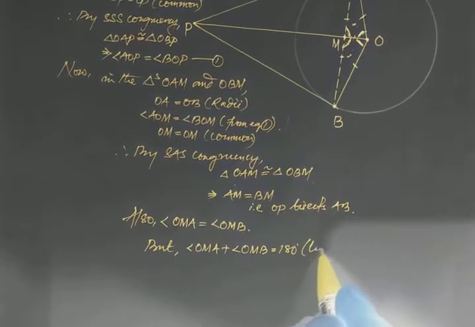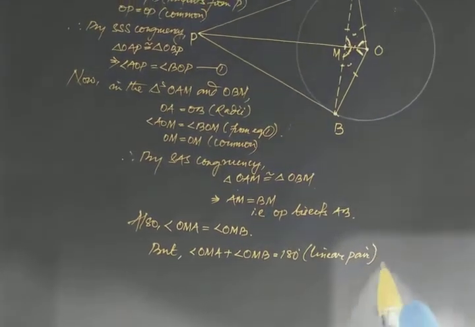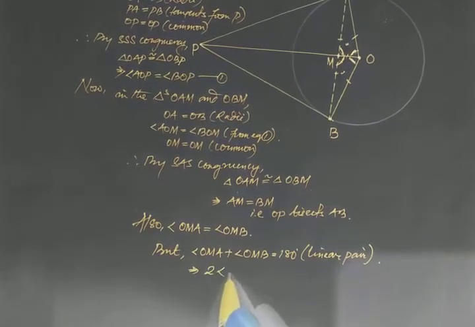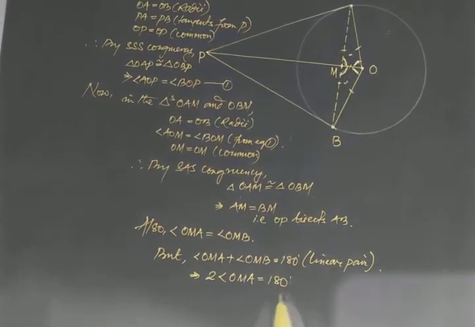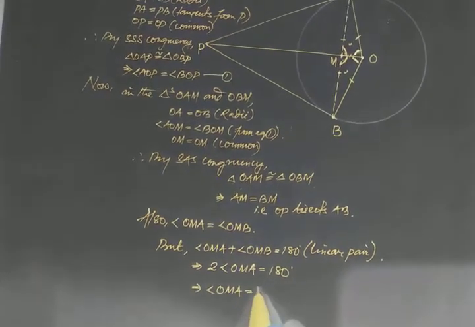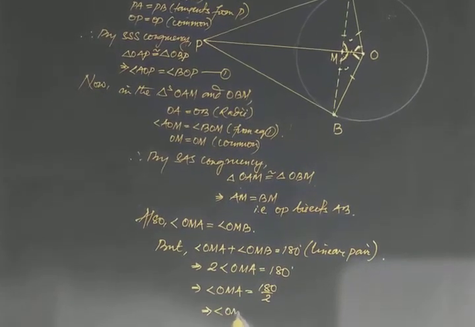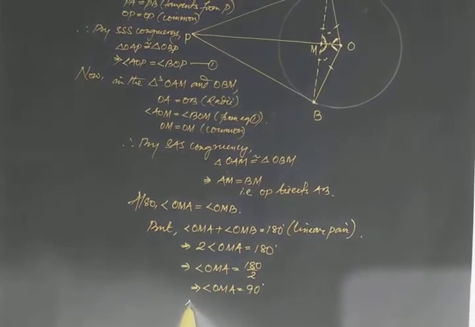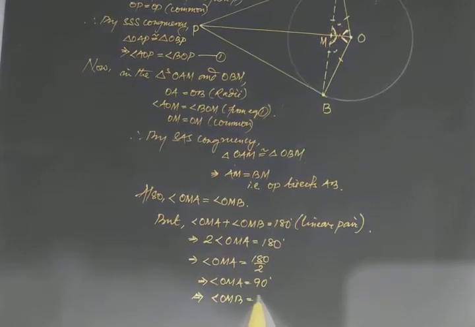We can call them linear pair. Now since these two angles are already equal, we can just write twice angle OMA equal to 180 degrees. So angle OMA is equal to 180 divided by 2, which makes angle OMA equal to 90 degrees. And also if OMA equal to 90, angle OMB will also be 90 degrees.